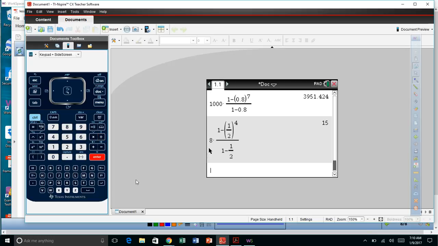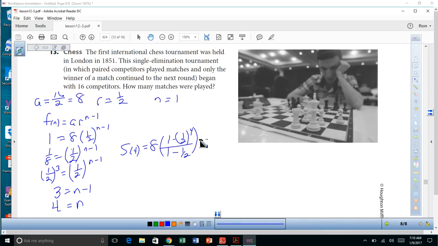Press enter. And we got 15. That equals 15. So 15 matches were played at that chess tournament.